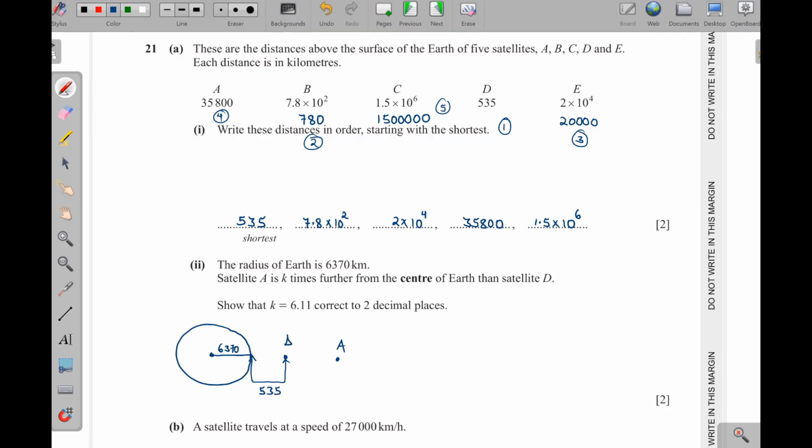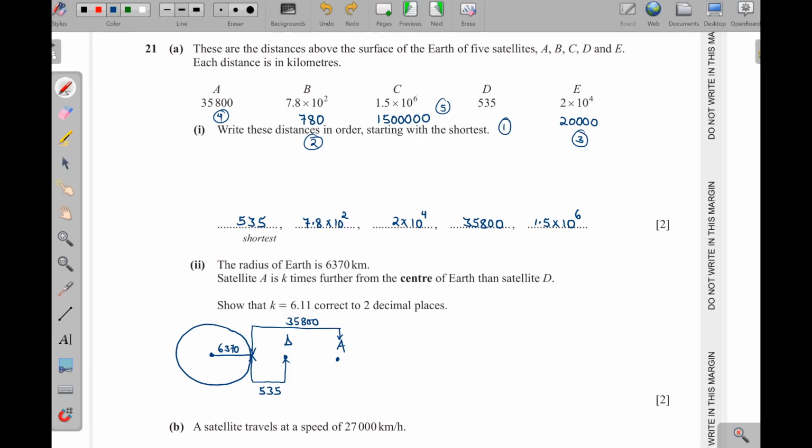And then from here to A, A is 35,800. So if they say satellite A is K times, then I'll get the distance of A from the center of the Earth.